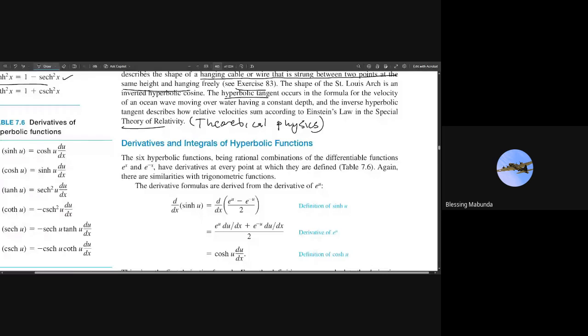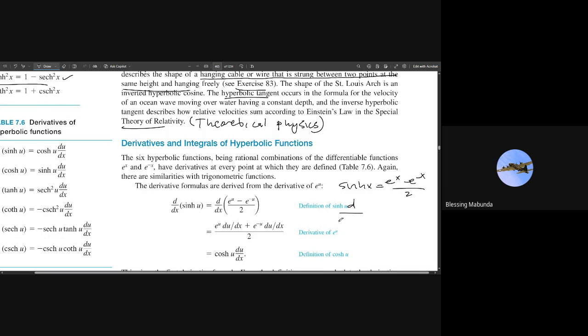When it comes to the derivatives and integrals of hyperbolic functions, what you are working with are the definitions, the components e to the x, when you're differentiating these hyperbolic functions. For sinh, we defined that to be e to the x minus e to the minus x divided by 2.